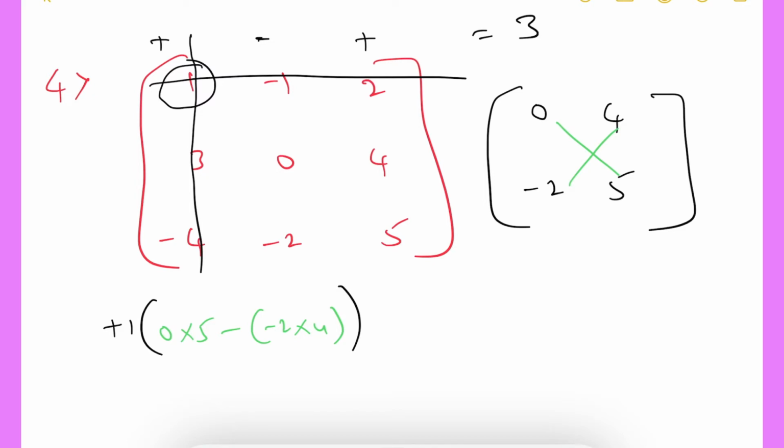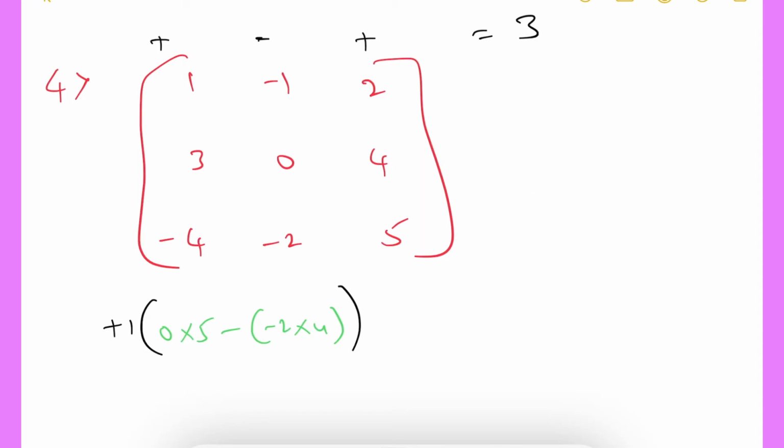Now, first completed. Let us go with the second element of first row. That is minus 1. So, we need to keep the negative symbol. Again, minus 1 into.